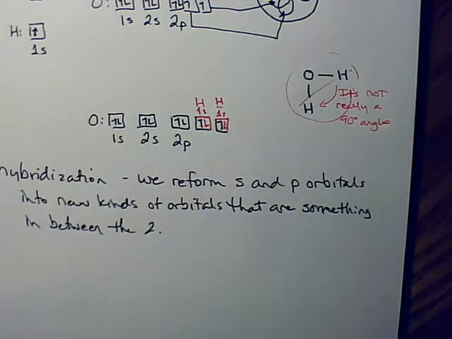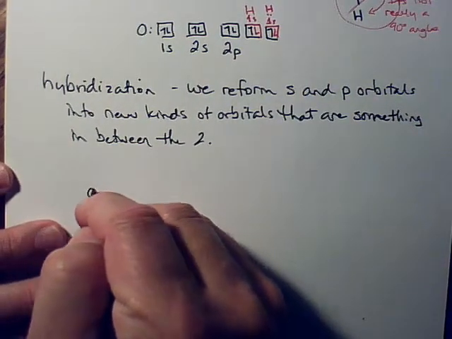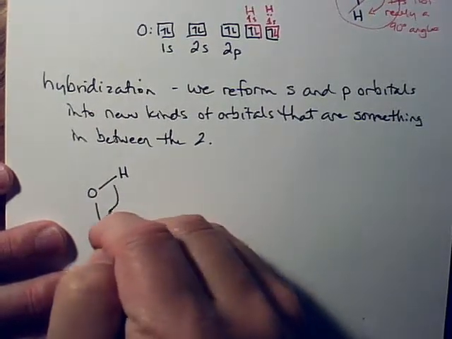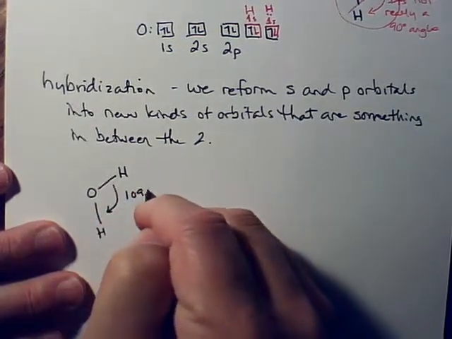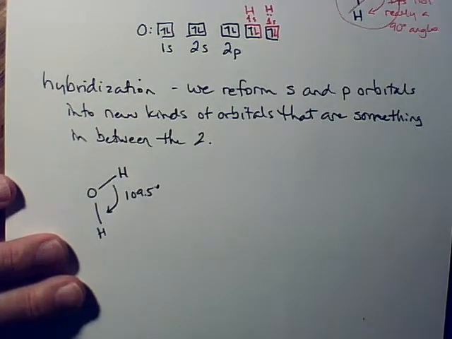Okay. The real angle between hydrogen and oxygen is 109.5 degrees. How in the world do we get that?